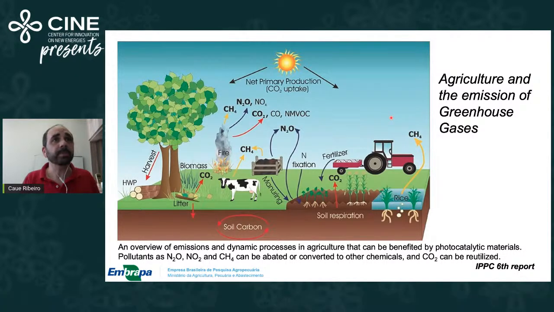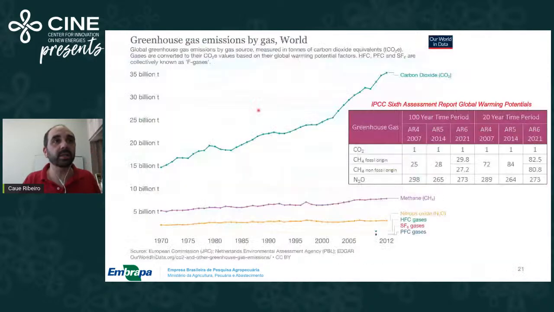For instance, CO2 is the most obvious of them, but other emissions are more important in terms of local effect, especially those emissions that are related with nitrogen, because these emissions have a more intense effect in terms of global warming.